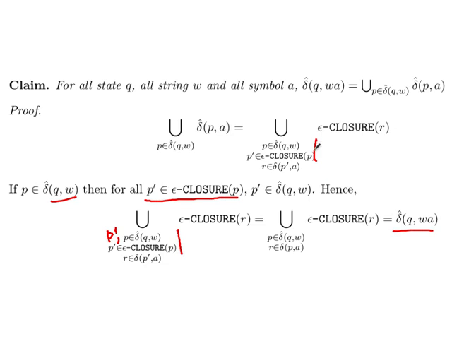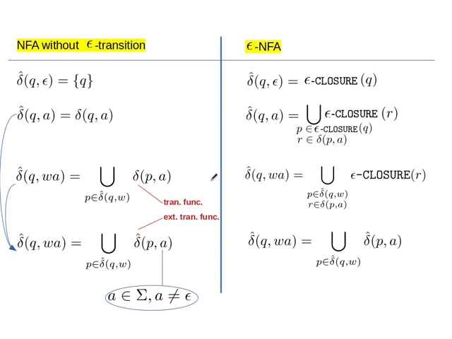So we have this proof without the picture, only using the equations, and this will be useful when we try to convert epsilon NFA into an NFA without epsilon transition. Just to summarize how the extended transition function differs for epsilon NFA and NFA without epsilon transition: here things are simpler.